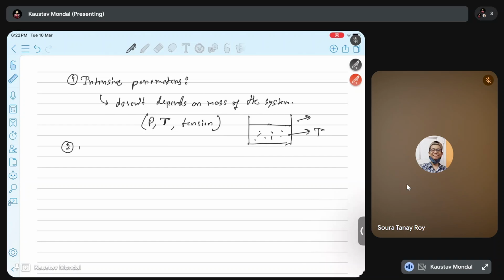Next is the extensive one, which is opposite to the intensive parameter. It depends on the mass of the system.